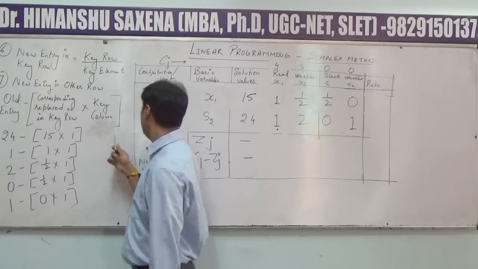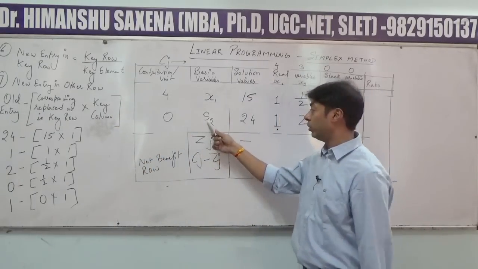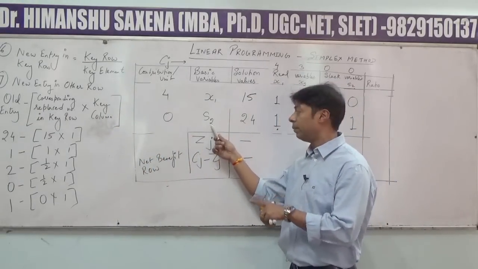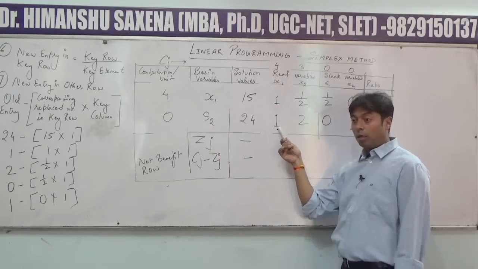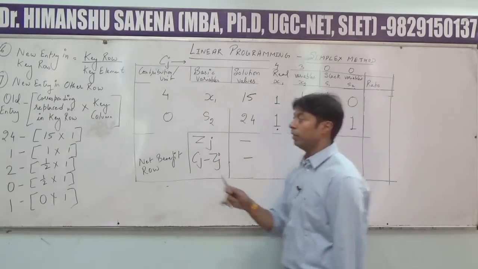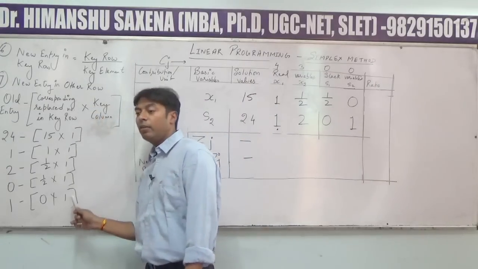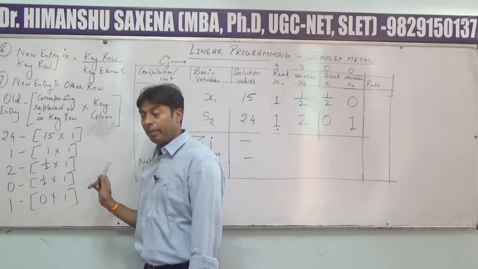The key column element for the row which we are going to change. The row which we are going to change is represented by S2, and in front of S2 the key column element was 1. So we have to multiply all the values by this key column element.